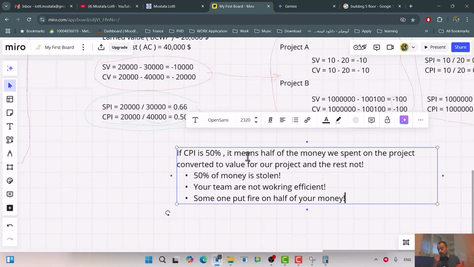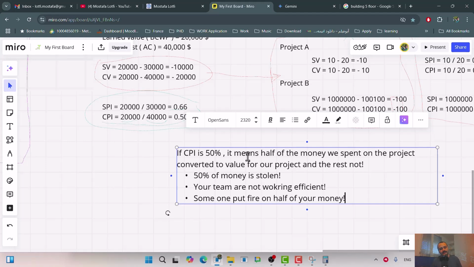Let's say you injected 40,000 in your project and someone put fire on 20,000, and that person managed to build 2 floors with 20,000. It's the same meaning, the same concept. It doesn't matter if they honestly worked but were not efficient, or someone stole the money, or they put fire on the money.